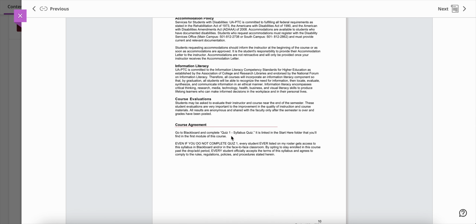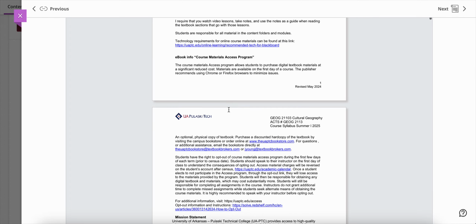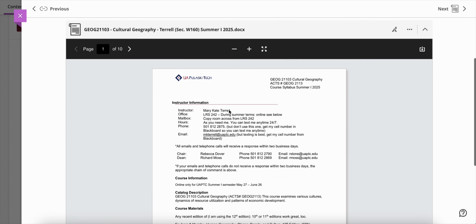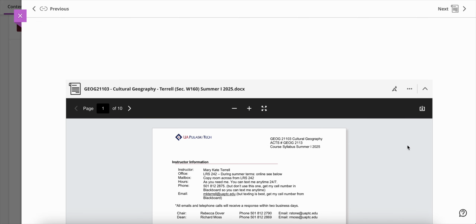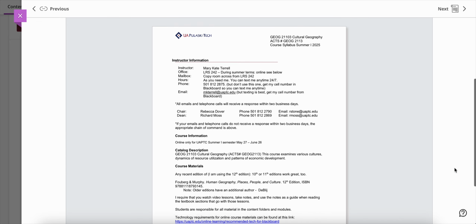That's vitally important. We're going to do that kind of thing for you. So yes, we need to please look at all of this and make sure that we've got your back. We are doing everything we possibly can at UAPTC for you to be successful. Not only me as the instructor of this class, not only do I want you to be successful with the material, but everything else. We have a resource for you.